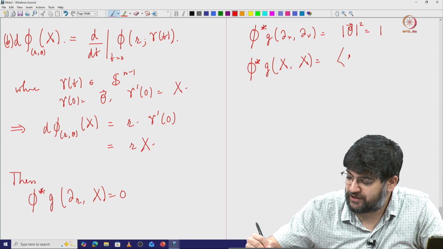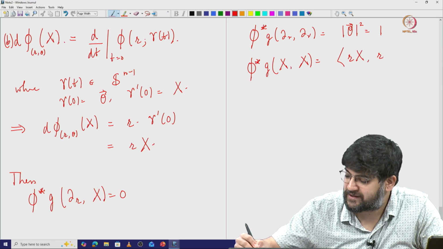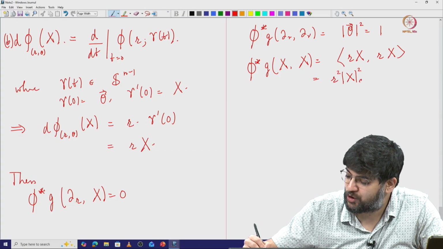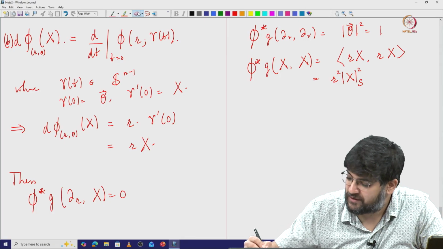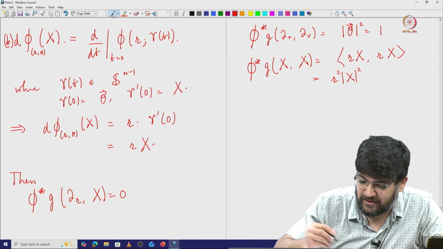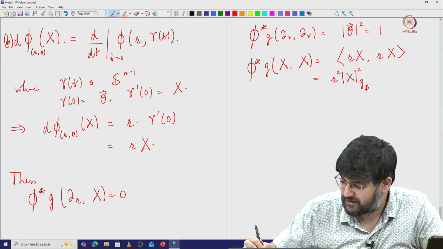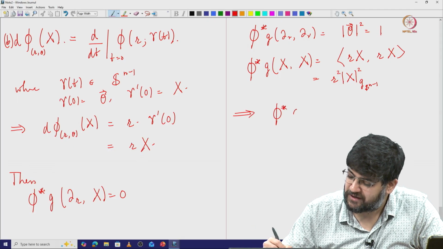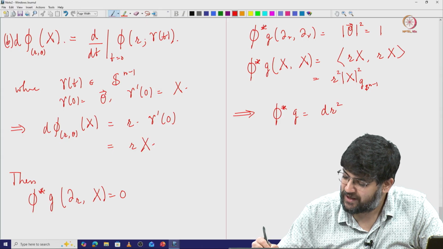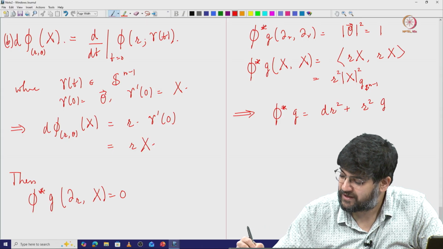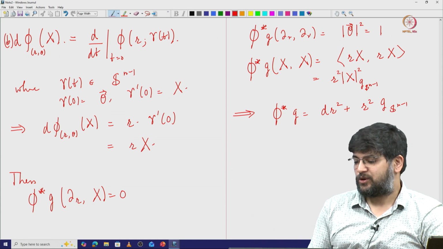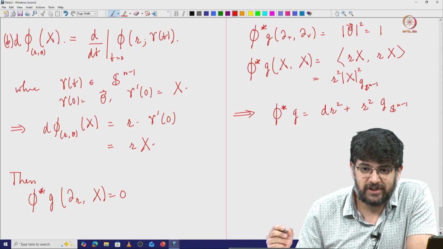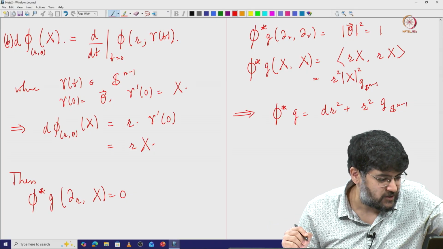And this is basically the Euclidean norm of Rx, which is r times the Euclidean norm of x, right. So this implies that phi star g is equal to dr squared plus r squared times the round metric on a lower dimensional sphere. So this proves the proposition in the case of the Euclidean space.